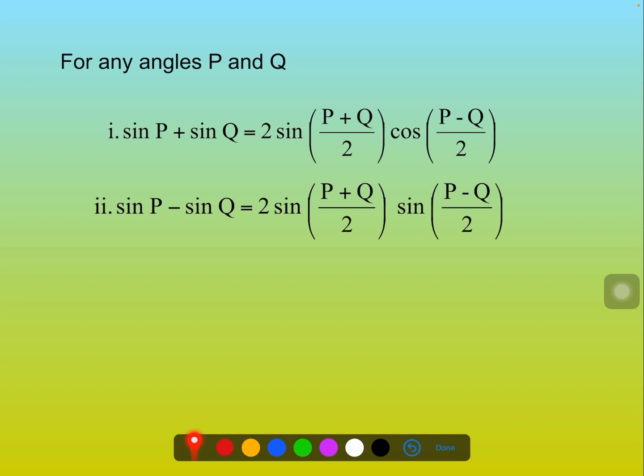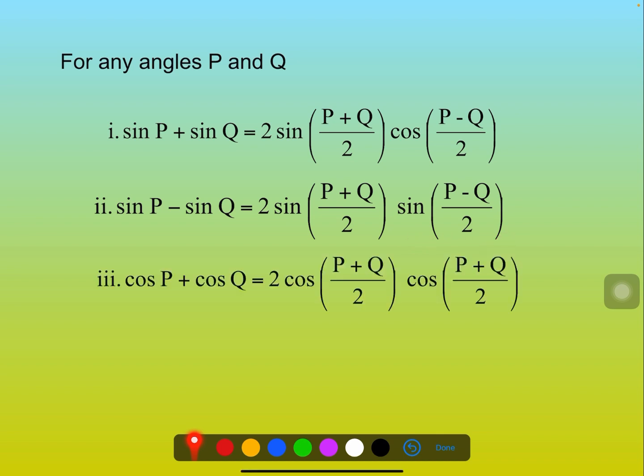The second one, sine P minus sine Q, equals 2 cos P plus Q over 2 sine P minus Q over 2. The third one is cos P plus cos Q equals 2 cos P plus Q over 2 cos P minus Q over 2.